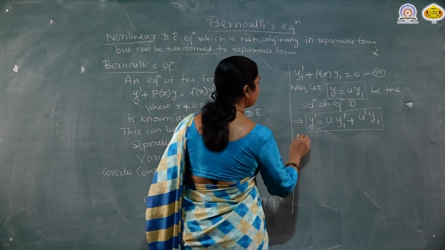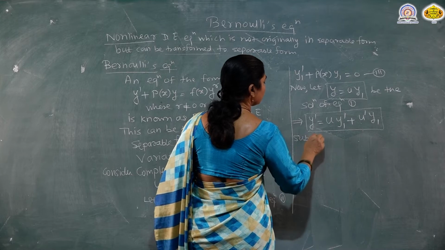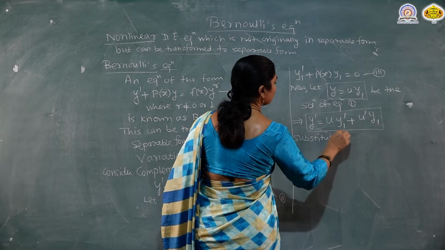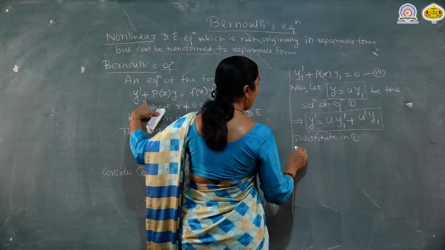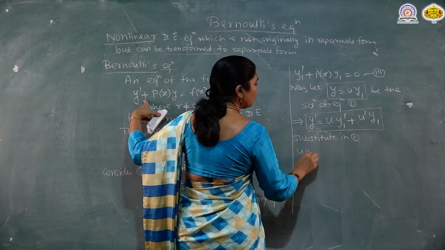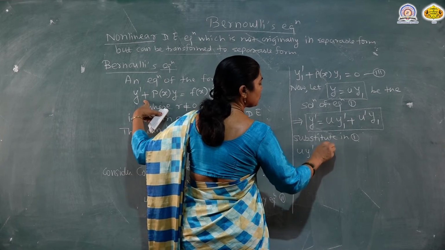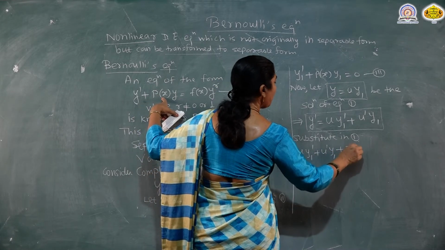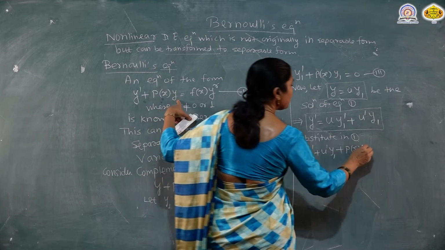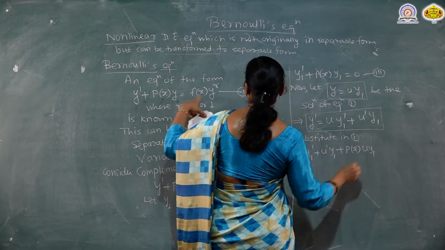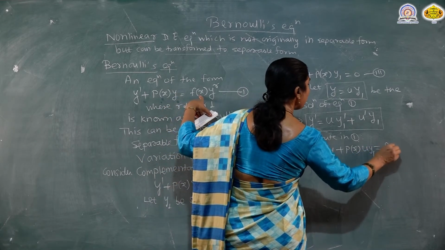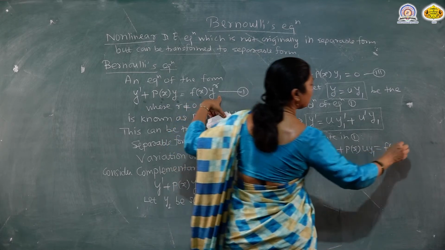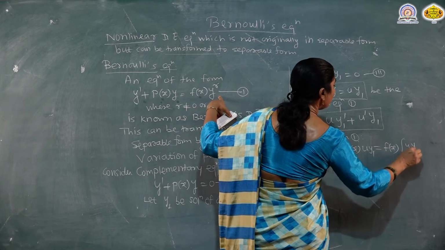So we have y', that is u y1' + u' y1, plus p(x) y, which is u y1, equal to f(x) y^r, that is (u y1)^r.